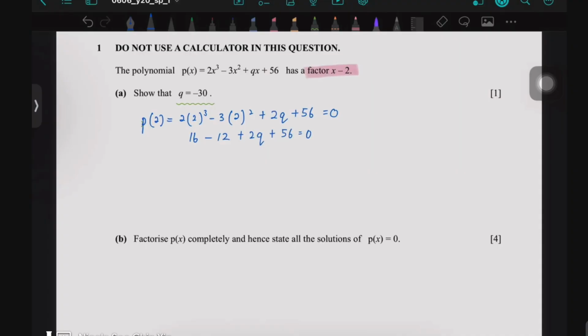So from here I will get 2q plus 60 equals 0. So my 2q equals negative 60, q equals negative 30.